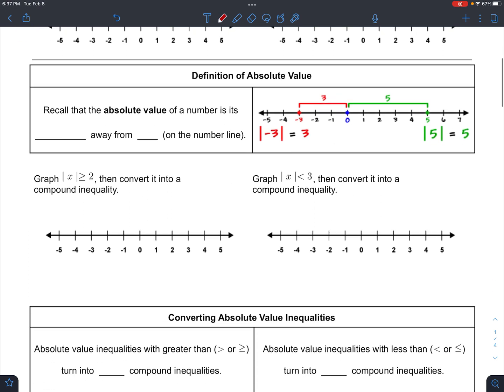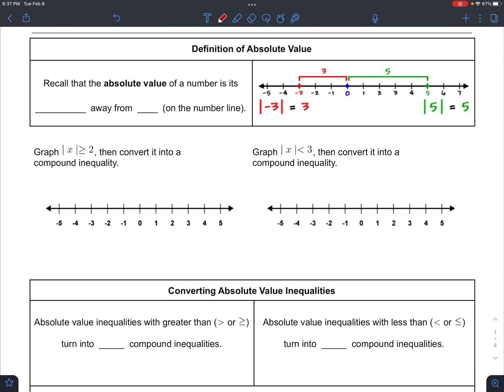Okay? So, and then remember what we said from 6.1, the absolute value of a number is its distance from 0. So we see that in the nice picture next to it.